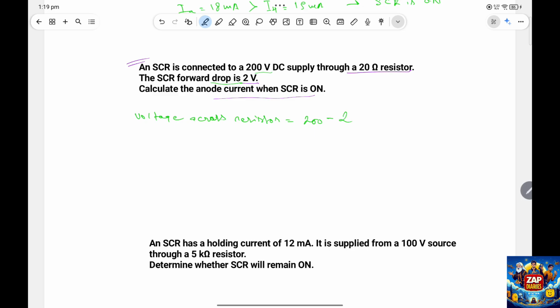So 200 minus 2 is 198 volts. This is the voltage across the resistor.